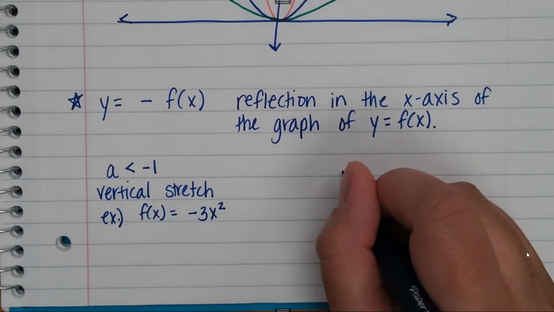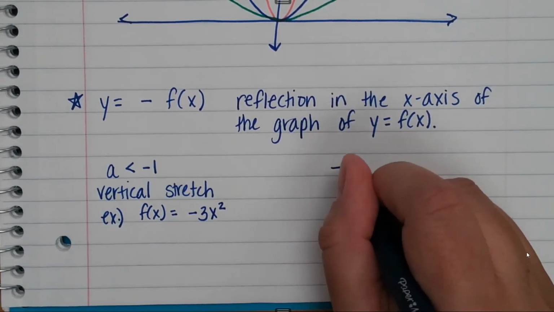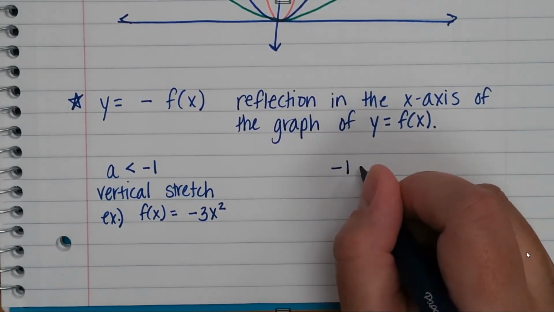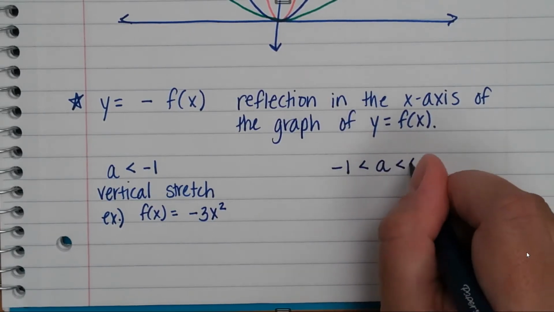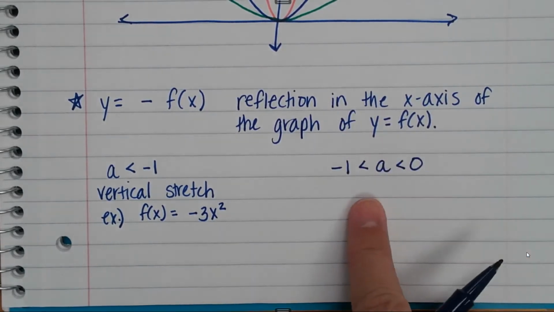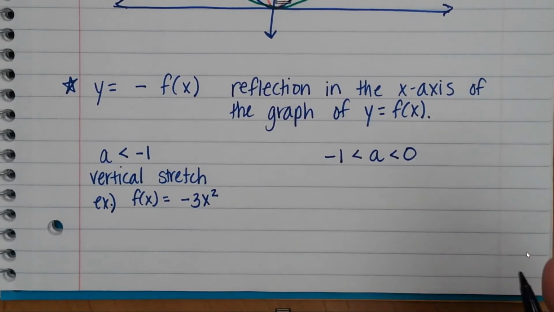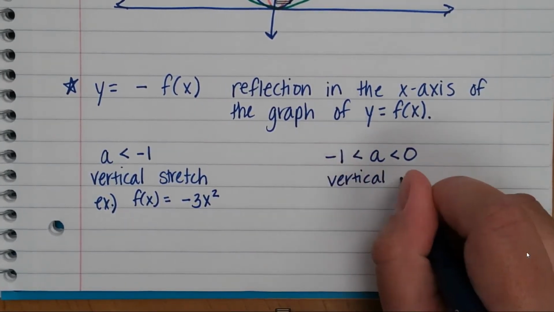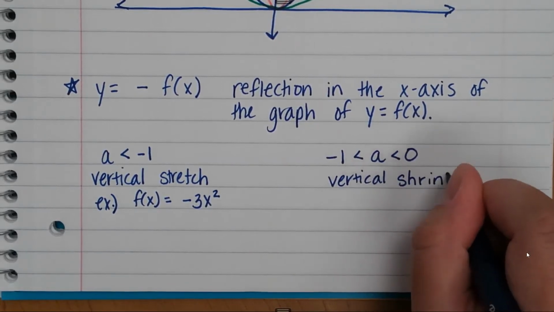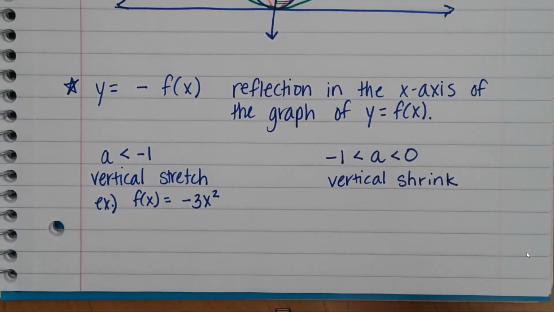Then you could also have the coefficient a be between -1 and 0. So that would be like a negative fraction, right? And that would be called a vertical shrink. And so let me show you how both of those look.